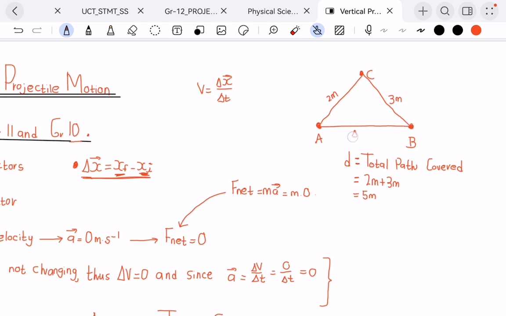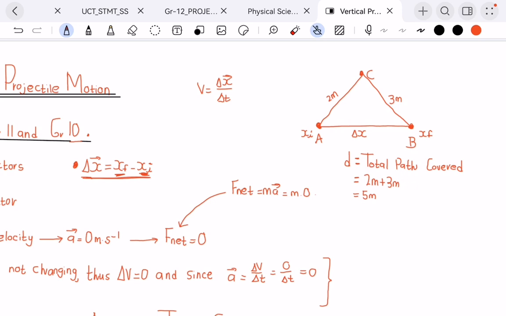This is our change in x, where B is x final because that is where you ended, and A is x initial. So our displacement in this case is going to be x final, which is the position at B, minus the position at A, right? So that is the difference between displacement and distance.